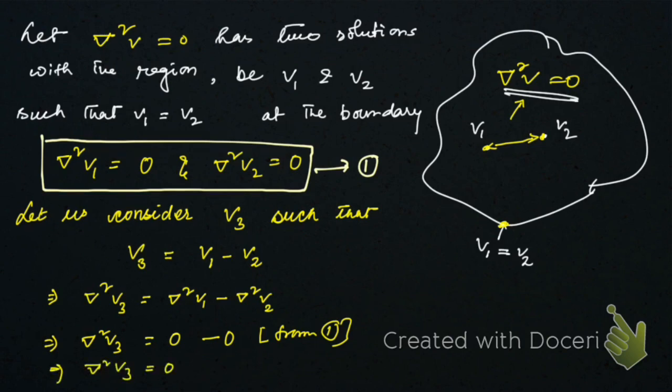Which means V3 satisfies the Laplace equation. Let me go to the new slide and write the equation again. What we got in the last slide is that del square V3 is equal to 0. That is the Laplace equation.